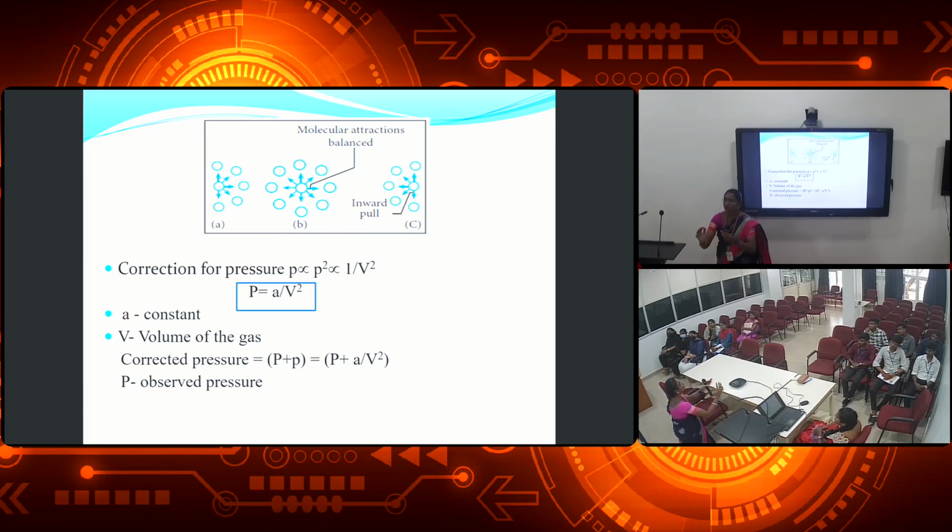So the total cohesive force must be 0. What is the cohesive force? The force of attraction between the same molecules, the same substance, is called a cohesive force. Adhesive force is the force of attraction between different molecules. Yes, very good.